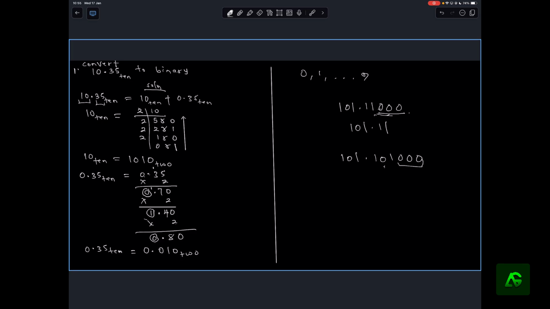Why we are neglecting it is not because we are having a point here. You can't tell me that if I have 11010, this 0 will be overlooked. No, because we didn't have a point in between. Am I making sense? I've answered your question.